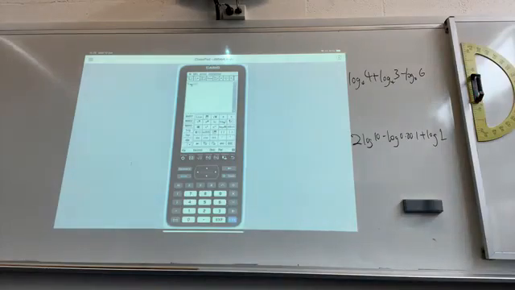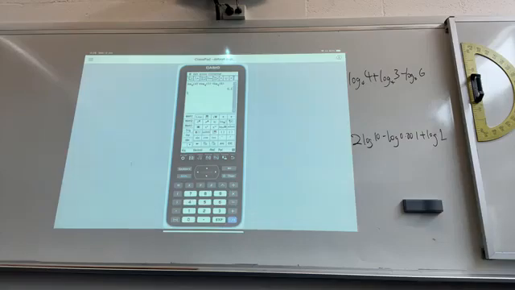And then you fill in: base 4, log of 4, plus log base 4 of 3, minus log base 4 of 6. Confirm the answer: 0.5.